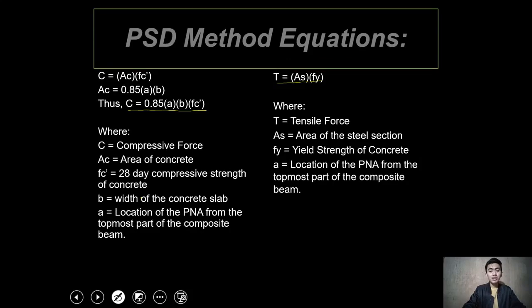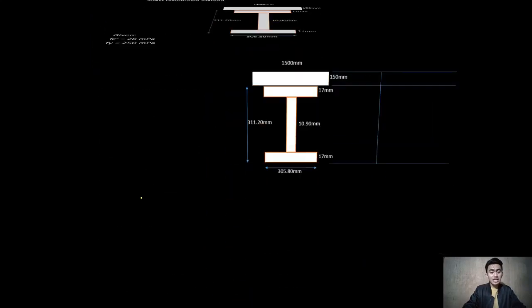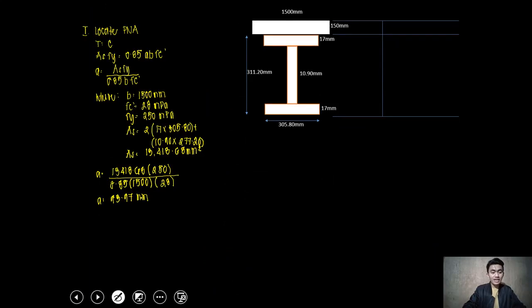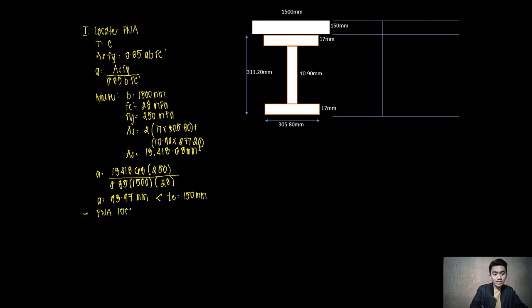Now, as we have said earlier, a is the location of the plastic neutral axis from the topmost part of your composite beam. Now take a good look at the value for a. a is less than the thickness of our concrete slab, which is equal to 150 mm, which means that our plastic neutral axis is located on the concrete slab.